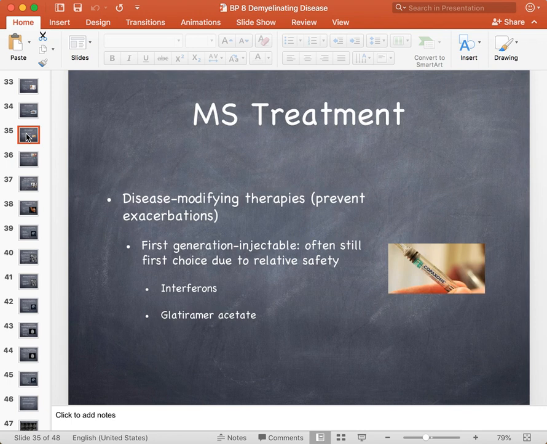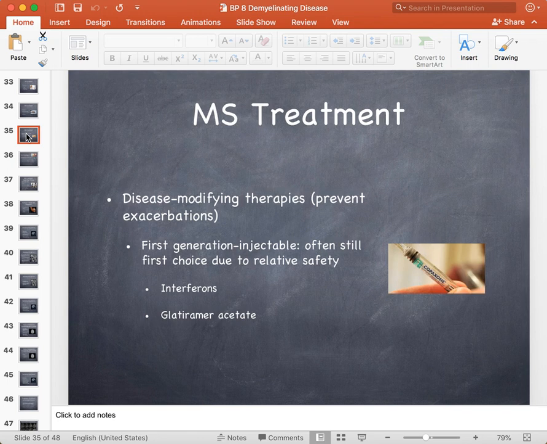It's either every day, every other day, or once a week. My read, though I haven't taken care of a lot of MS patients for the last 10 years, is that we still often try these medications first. Is that fair to say?